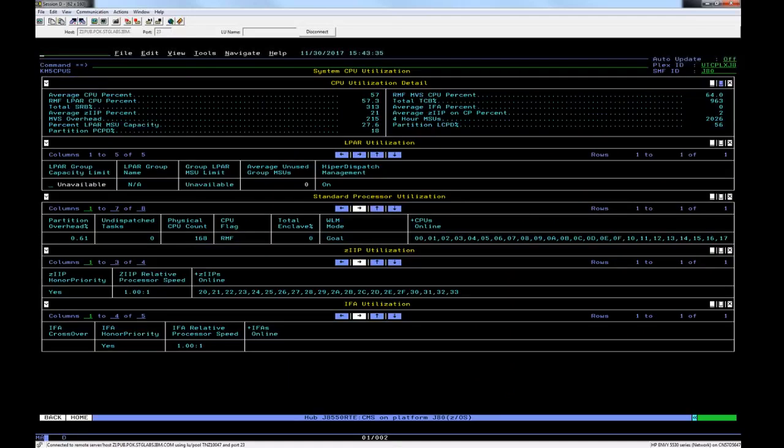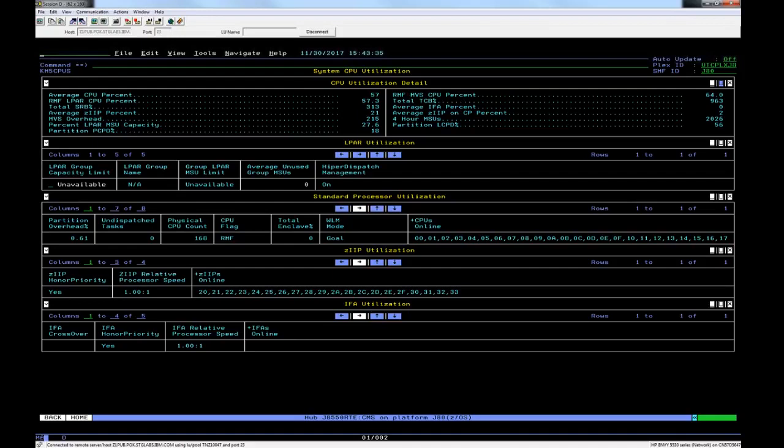And looking at this, this tells you everything you need to know about the CPU, that is general processor or standard processor, zIIP and zAAP. Utilization tells you the relative processor speeds, the zIIPs and zAAPs and CPUs that are online.